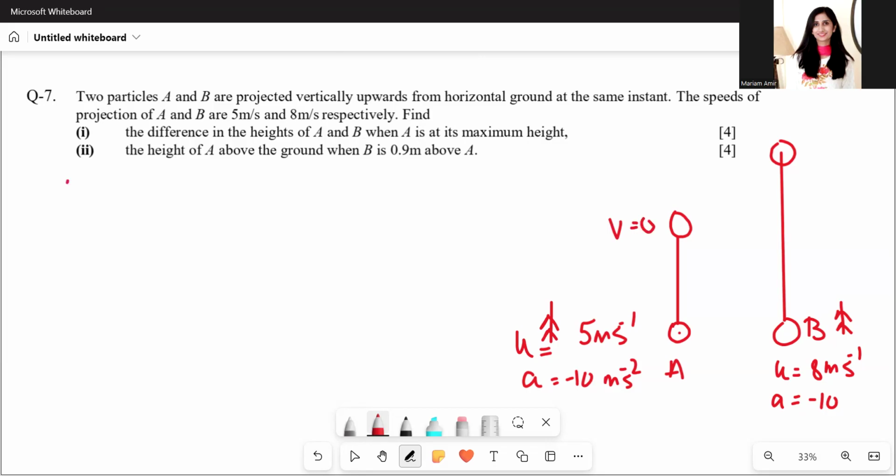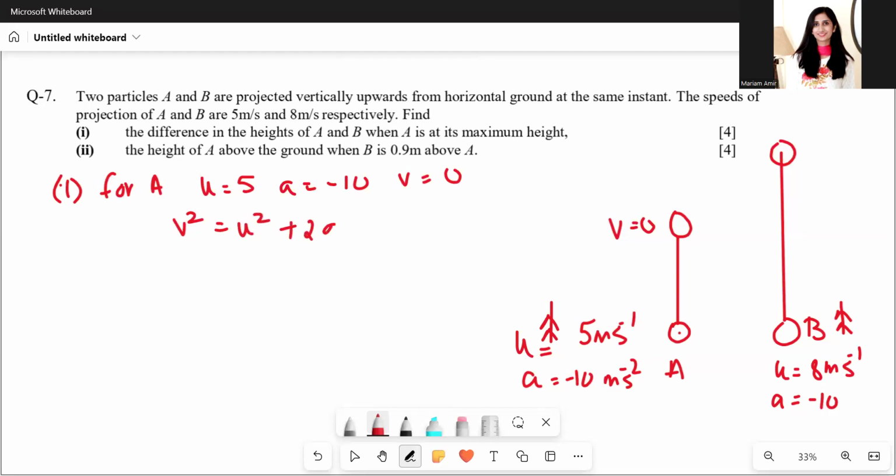For A, we have U is equal to 5, A is equal to negative 10, and V is equal to 0. Let's find its maximum height, so we can use V square equals U square plus 2AS.